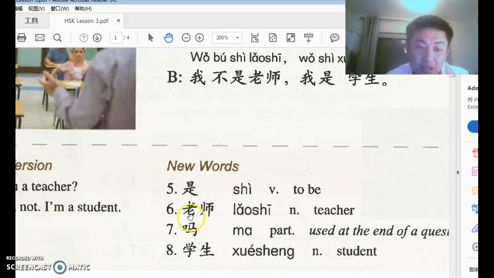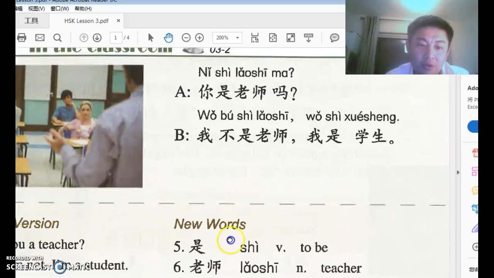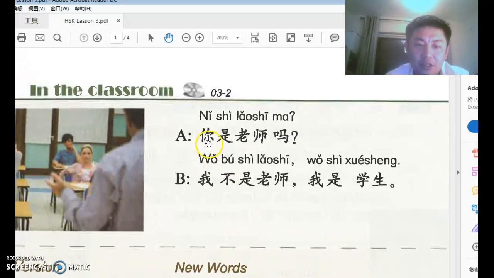学生, 老师, 学生, no tone. Right, now the conversation is 你是老师吗? Are you a teacher? You are a teacher 吗? So are you a teacher?